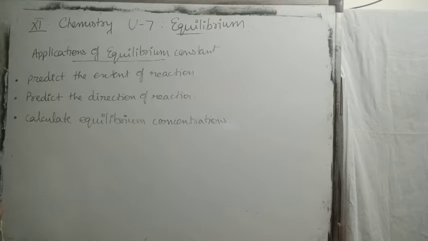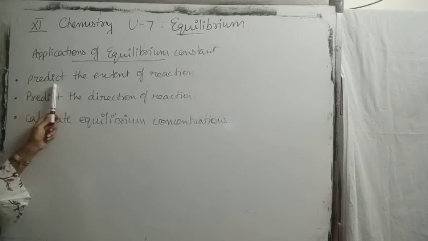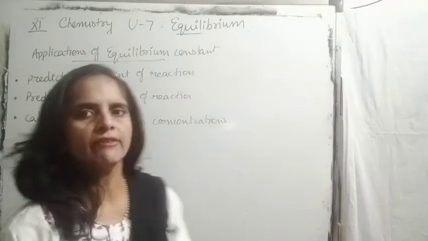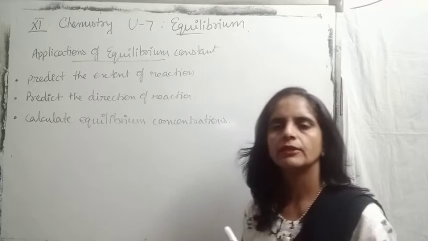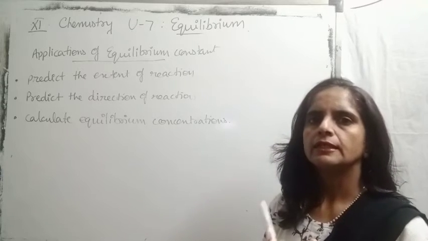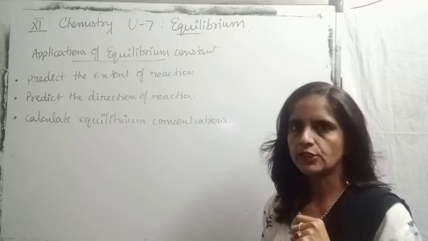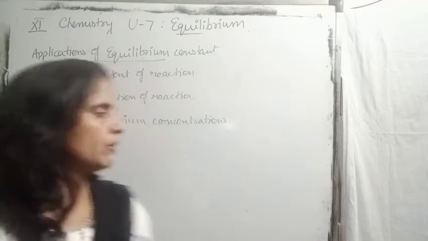Applications of equilibrium constant. The three major applications are, first, predict the extent of reaction. By knowing the value of the equilibrium constant, we can tell the extent of reaction. Let this be the scale of the value of Kc.